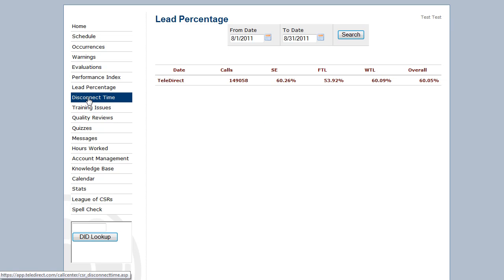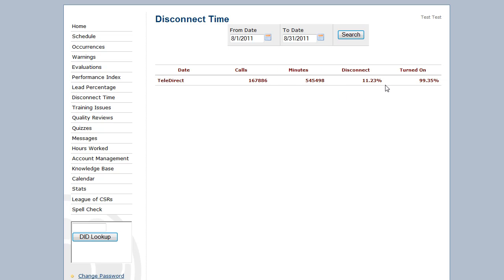Disconnect time is a very important number since our clients are billed by the minute. This is how we make sure that you're only billing our client for the time you spend actively helping a customer. Any time spent on an account with no caller on the line will count as disconnected time, and it will cause this number to go up.